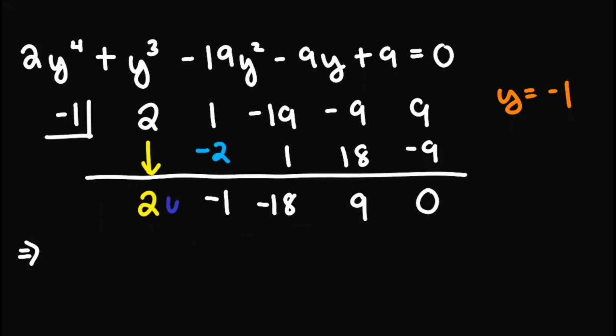So we have here y, and the degree is 1 less than the degree of this. So we'll have here y cubed. This is y squared. This is y, or y raised to 1. And this one is simply y raised to 0, or we can remove it. So this is our quotient for that synthetic division.